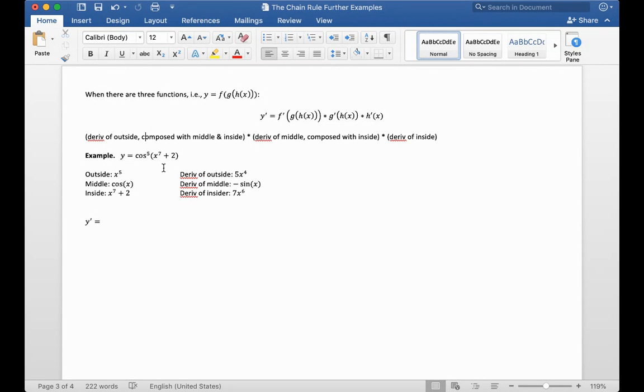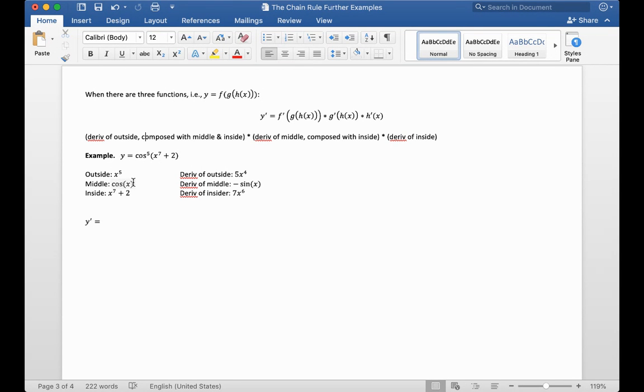So we want to recognize that this is a composition of three functions. Hopefully we can recognize that the innermost one is x to the seventh plus 2, so I'm calling that the inside. And then what we're applying to x to the seventh plus 2 is the cosine function. We're going to take cosine of x to the seventh plus 2.